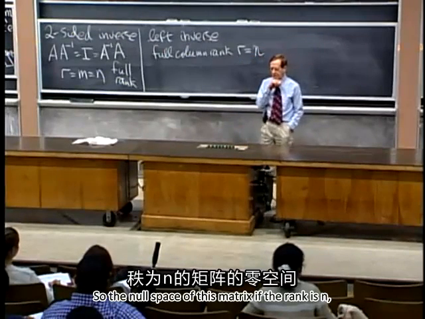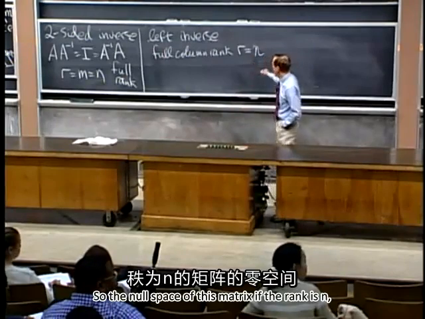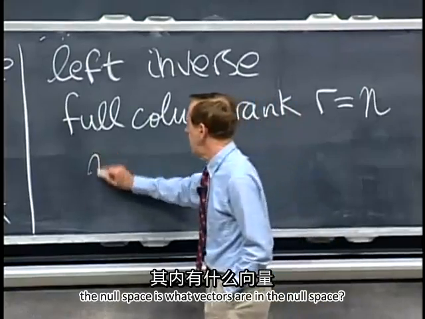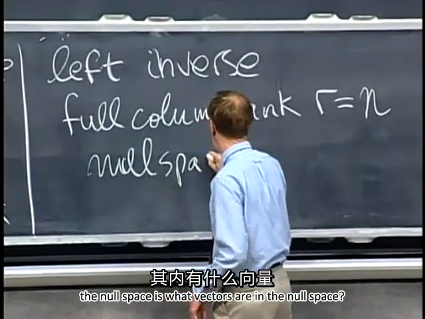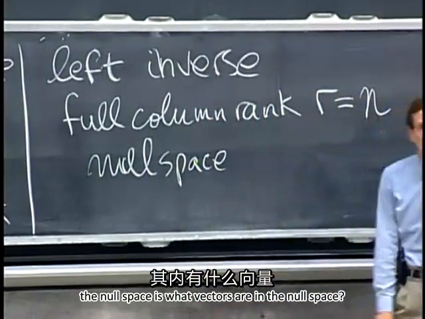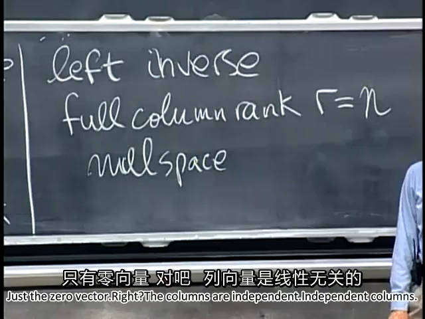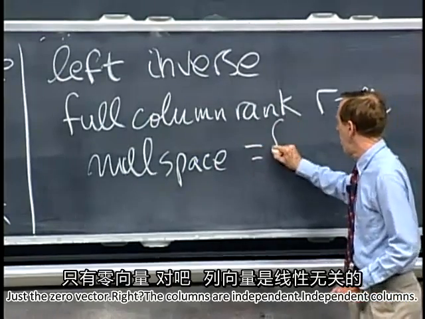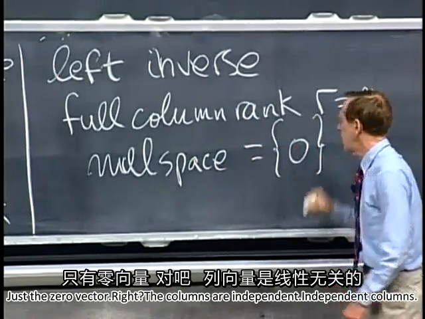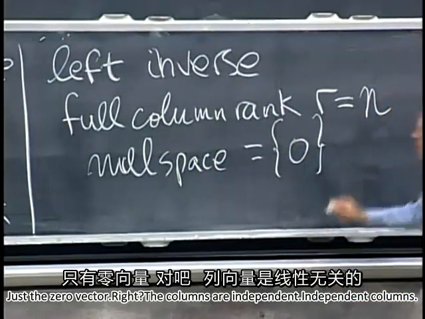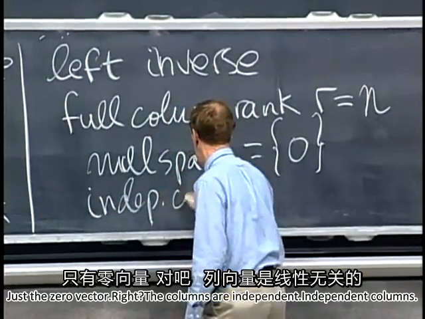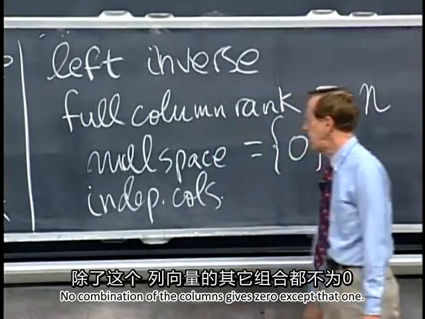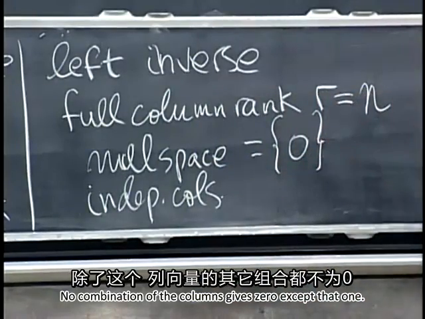So the null space of this matrix, if the rank is n, what vectors are in the null space? Just the 0 vector. Right? The columns are independent. No combination of the columns gives 0 except that one.